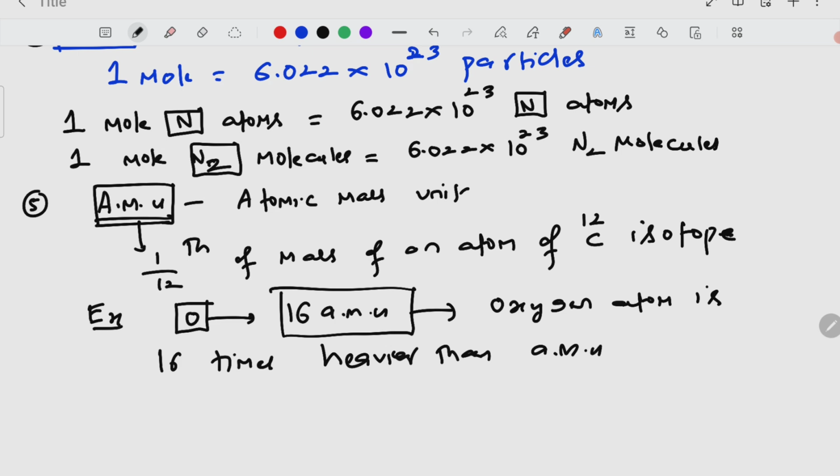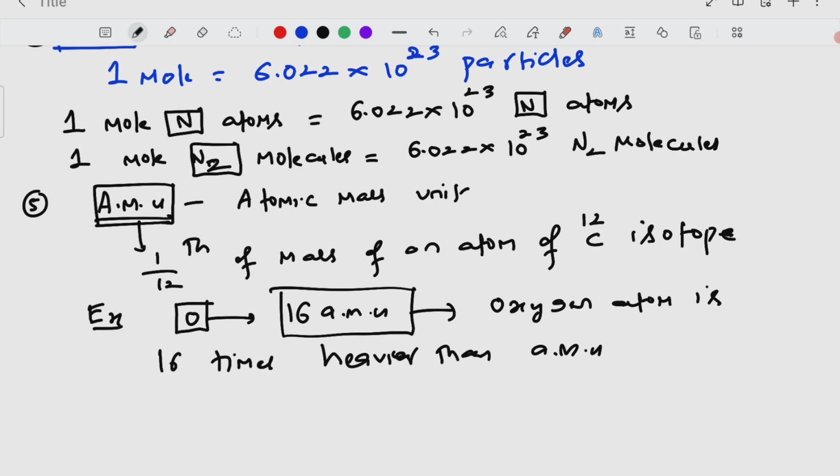Remember, AMU means atomic mass unit, which is used to relate all other atomic masses, and is equal to 1/12 of the mass of an atom of carbon 12 isotope. For example, oxygen 16 AMU means the oxygen atom is 16 times heavier than the AMU value. We are going to use AMU in different terms now.